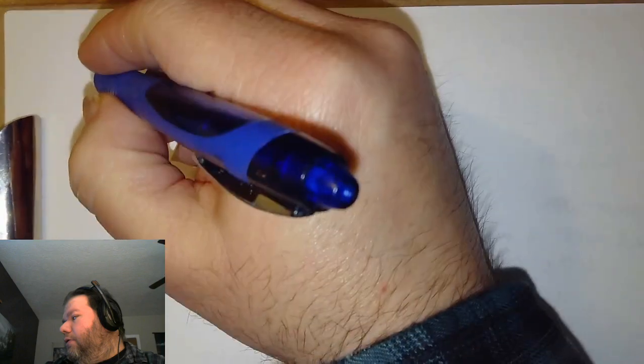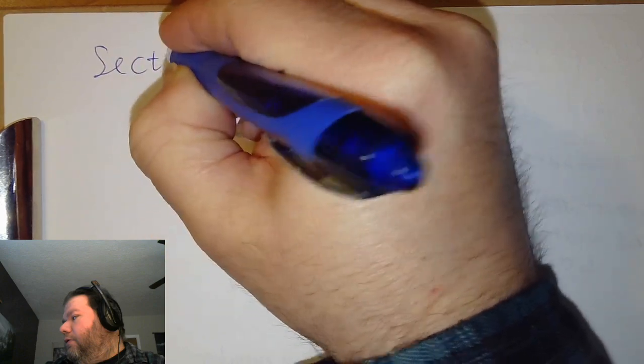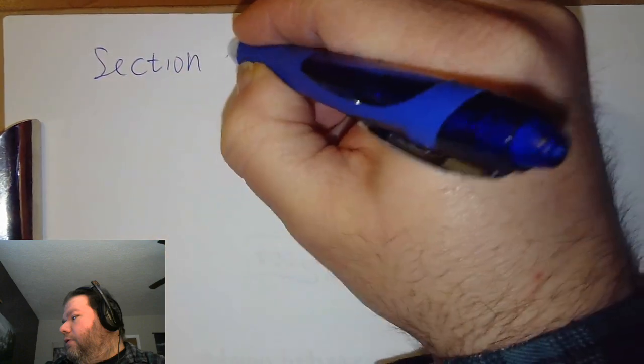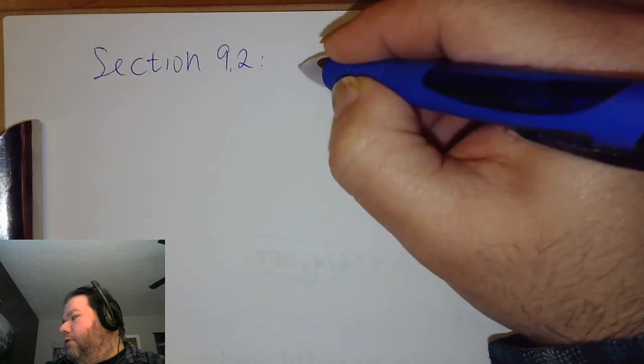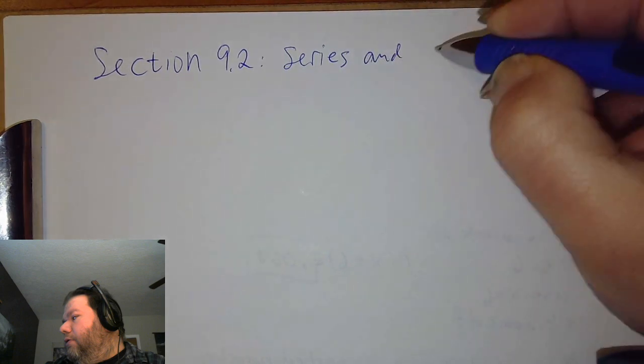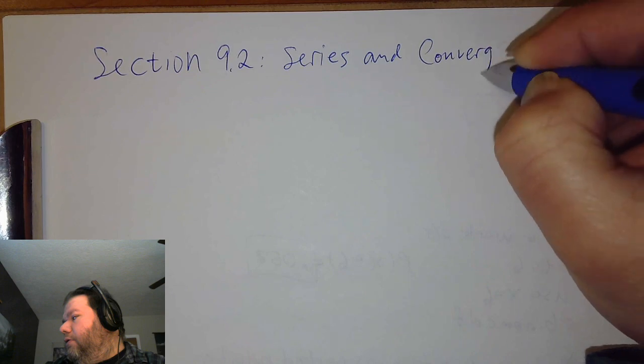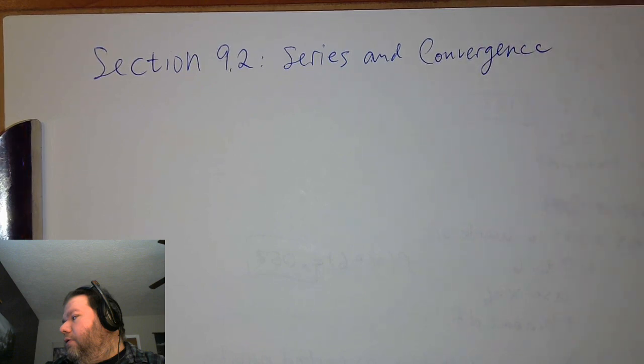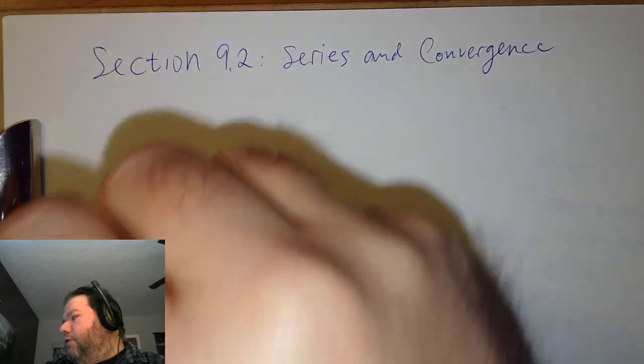Today we're going to be looking at section 9.2, which is on series and convergence. Alright, so we start off with the definition of infinite series.